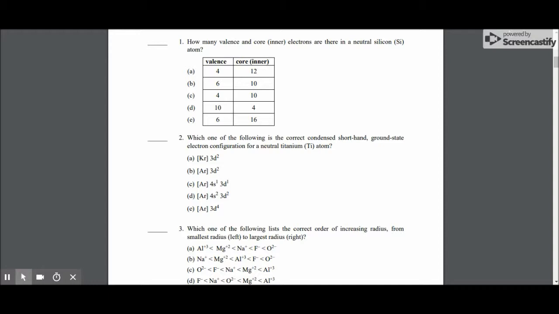Right off the bat, we can see that to the very left of all the answers, there is, in parentheses, AR and KR. There is only one KR out of the 5 answers and 4 ARs.